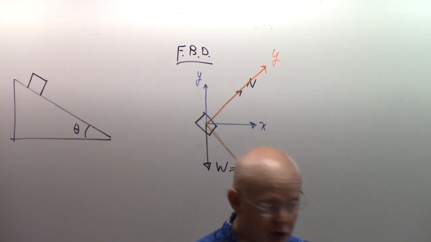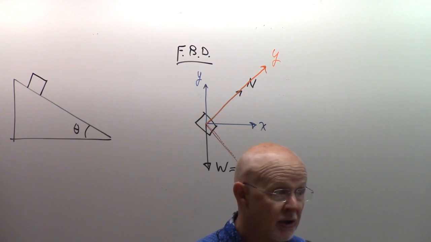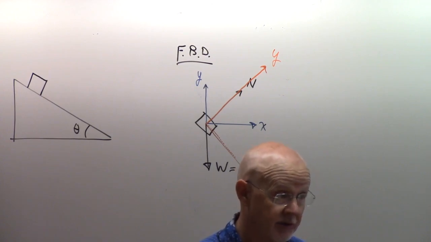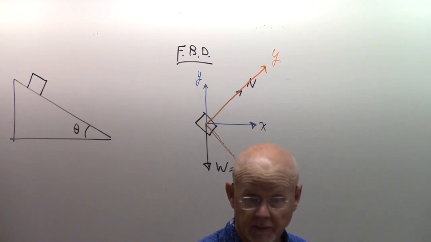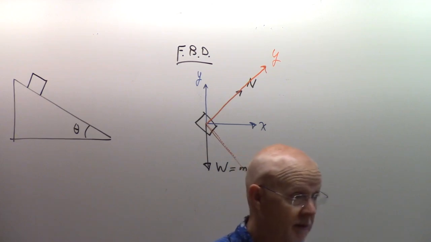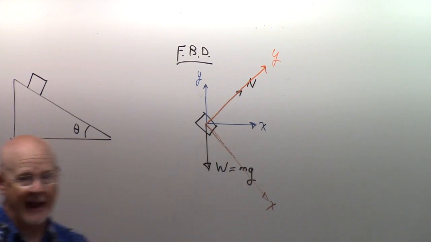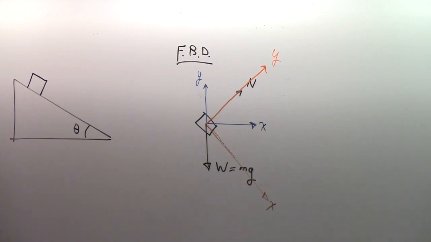And then we'd have to do a trig identity. It's very messy to do this without tilting your axis. So I'm going to tilt the axis. And the math is so much easier. Like I said, a little uncomfortable at first, but so much better.